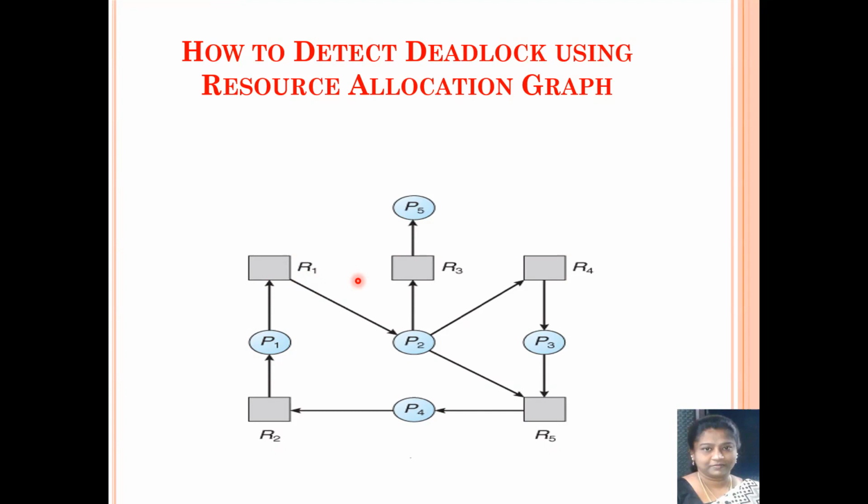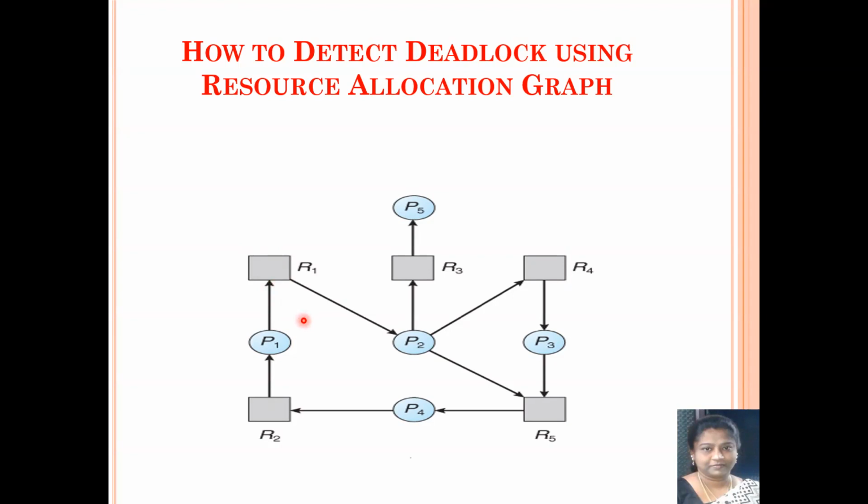What we are going to see in this video is how to detect deadlocks using a resource allocation graph, wherein we are only going to consider single instances of a resource type. That is why all the resource types drawn here are empty square boxes. You don't have anything written within the box.